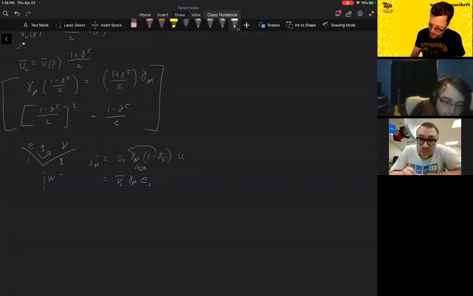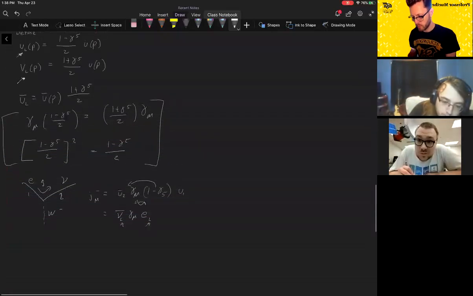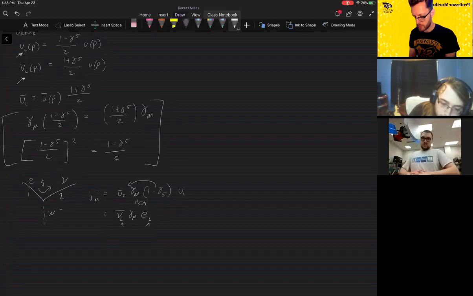And now notice here that I've written an L on both of these terms. It means both of those states are multiplied by this (1 − γ5) term, or (1 + γ5). And I can pull that apart because I saw that if I square (1 − γ5)/2, I just get back itself.